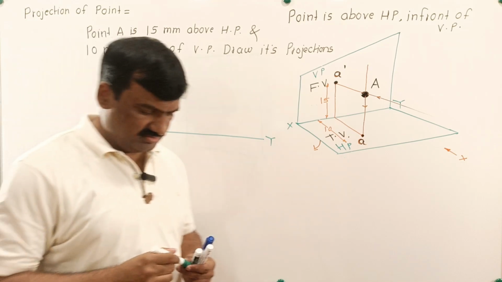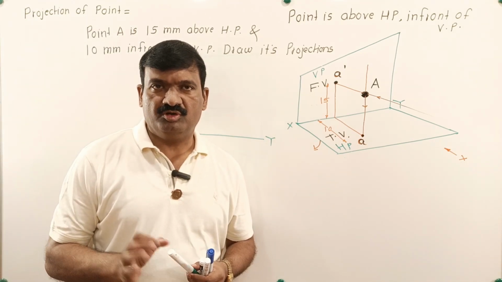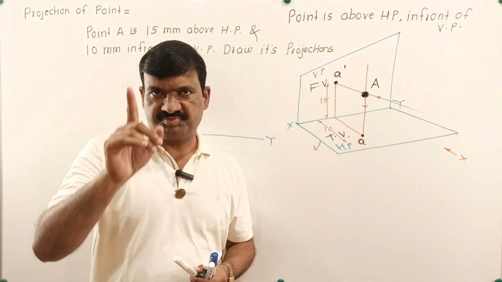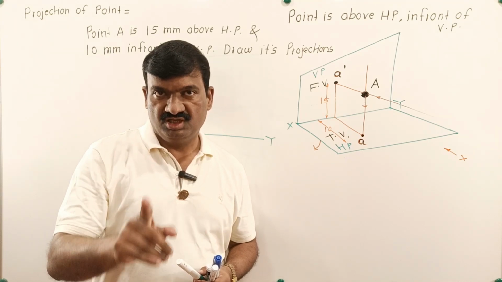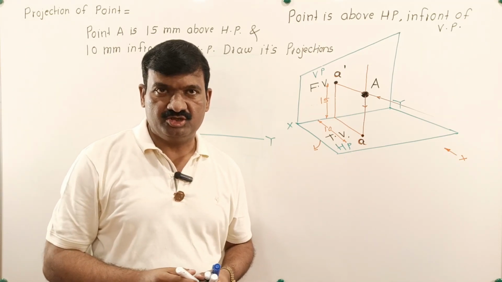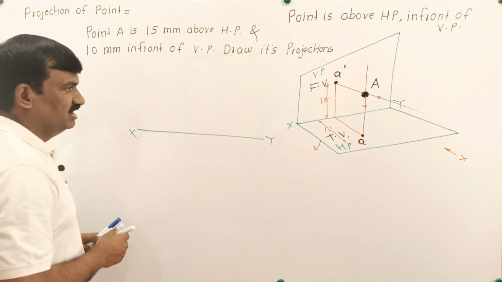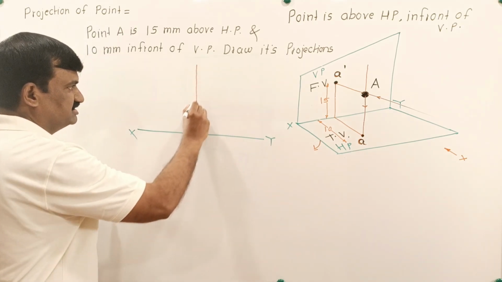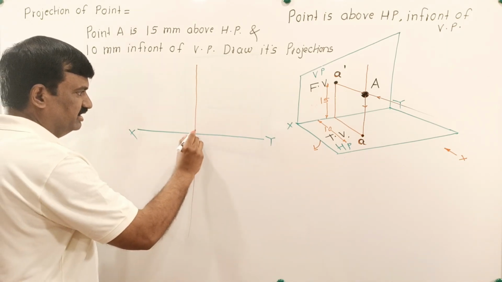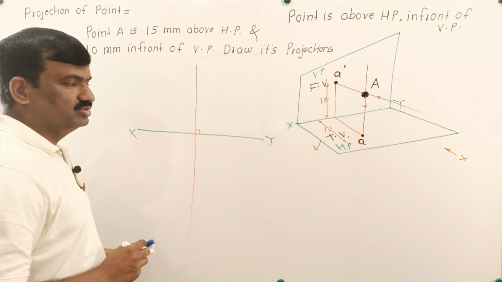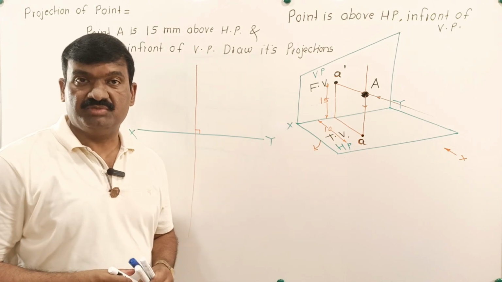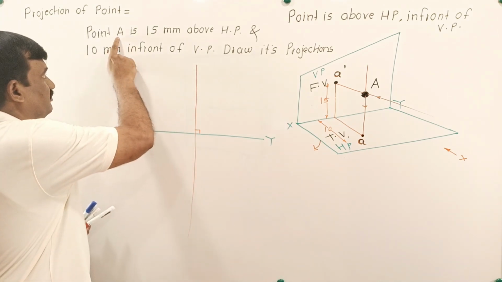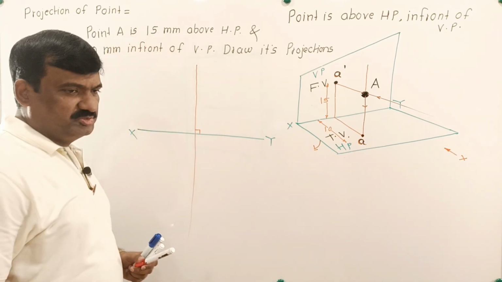Concept number 1, front view and top view of a same point is always present on one and same projector, and that projector is always perpendicular to XY line. Concept number 2, it is given that point A is 15 mm above HP.